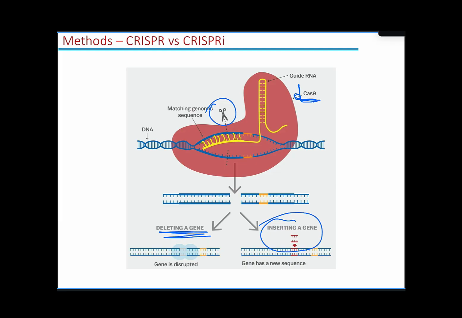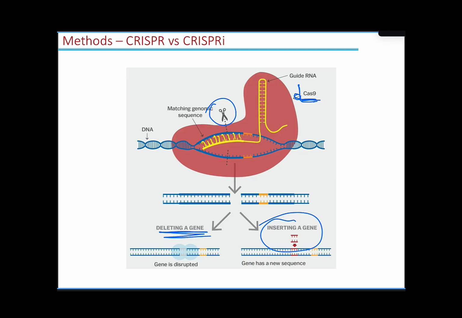So you're essentially stopping transcription of the gene, because where the promoter is, where RNA polymerase would have normally bound to start transcription, there is this dead Cas9 taking its place, and it won't leave. If you do it somewhere in the middle of a protein coding gene, you may interrupt transcription of that gene. Transcription may have started, but then when RNA polymerase bumps into this thing that won't move, it interrupts transcription.